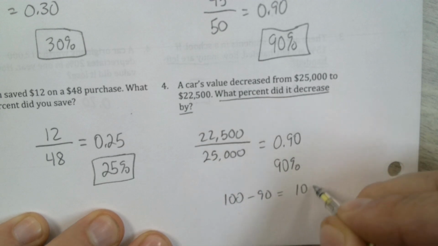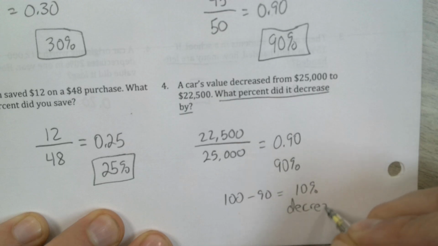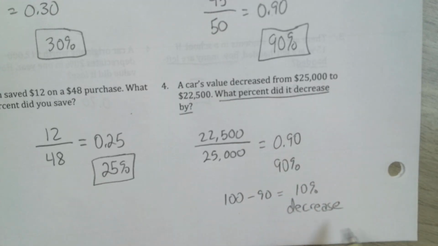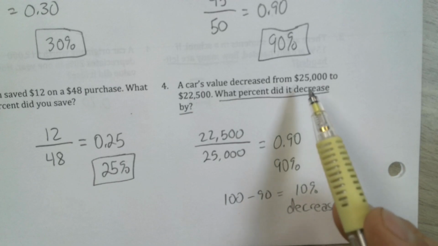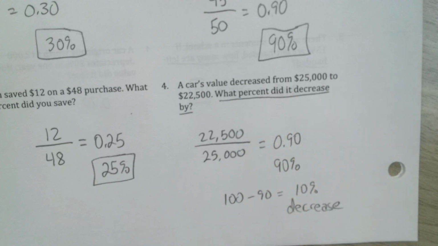It is a 10% decrease. So this one had a little bit of a trick to it, right? Because it didn't decrease by 90%. That's just 90% of the value. And so we'll talk about a way to solve these types of problems later on in this lesson. But that is the end of page 2. So continue on to the video for page 3.